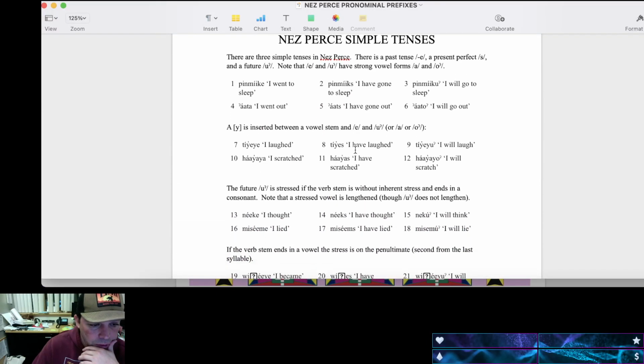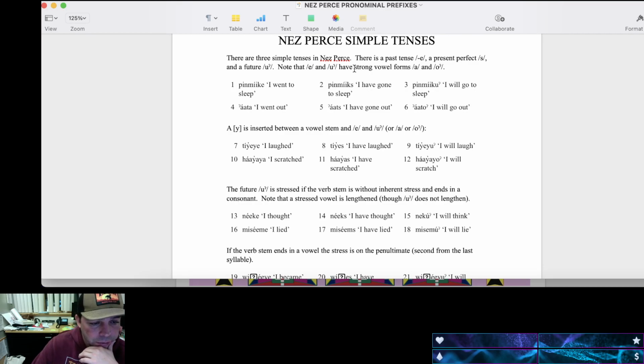The other big rule that I wanted to go over is this idea right here of strong vowel forms. So you'll notice how when we put the E on the end of some words, it comes out as a, like this one changes to ata, and this one is pin mika. It's because some verbs have strong vowels and some verbs have weaker vowels, but we want them to all be the same, so we call it vowel harmony.